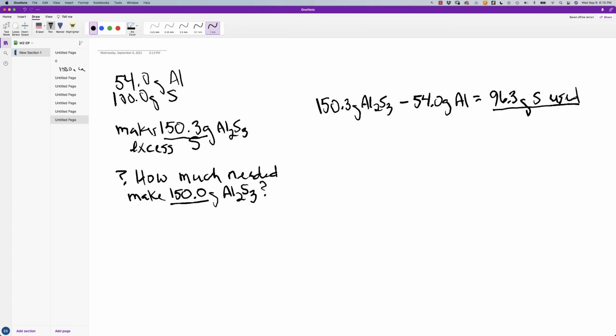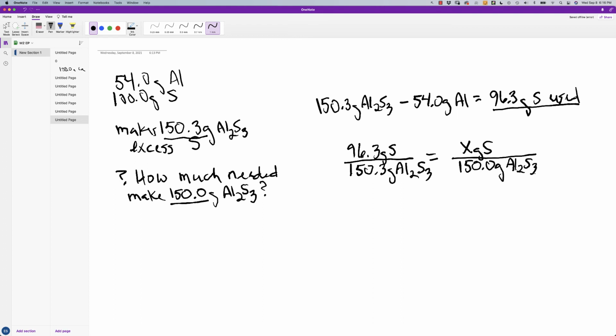This is what we're going to use in our ratio. So if we used 96.3 grams of sulfur to make 150.3 grams of aluminum sulfide, then how much sulfur will be needed to make 150.0 grams of aluminum sulfide?